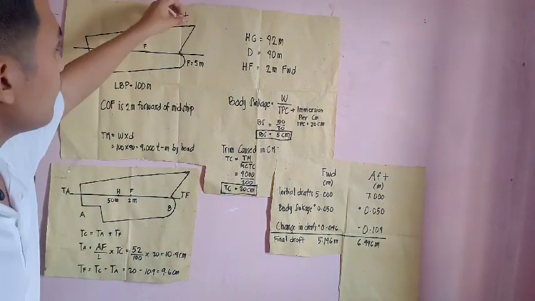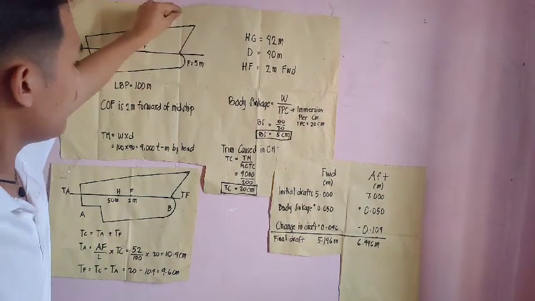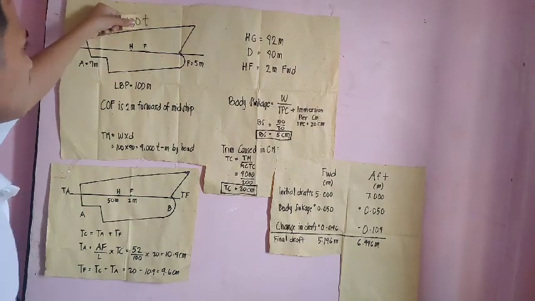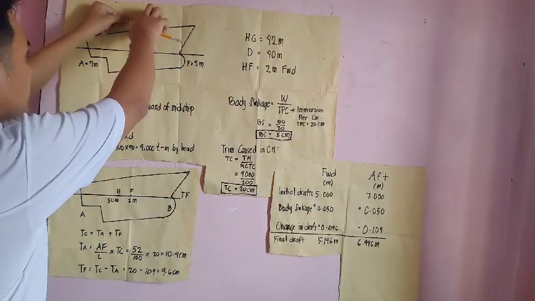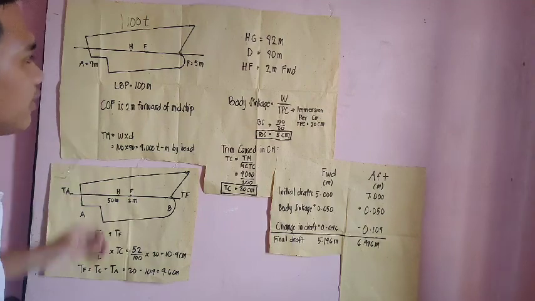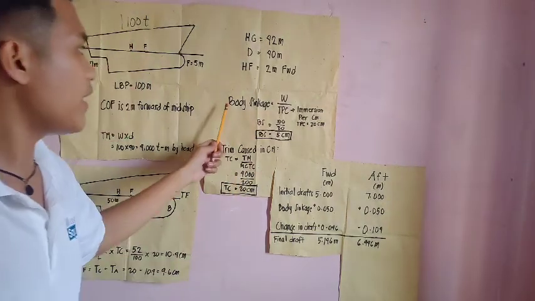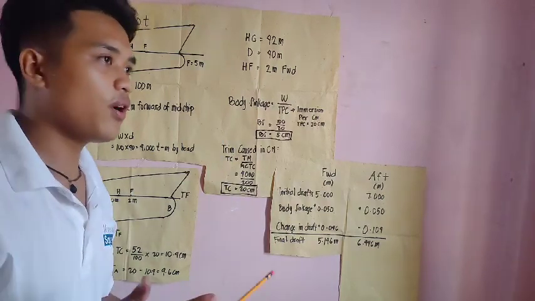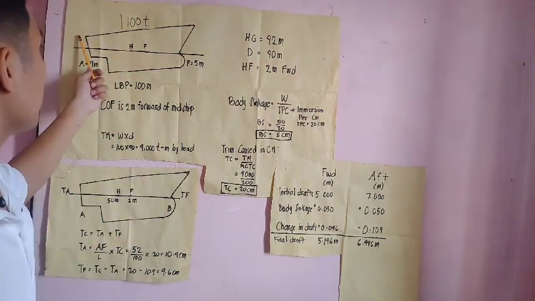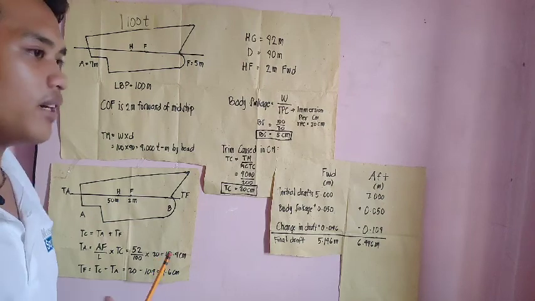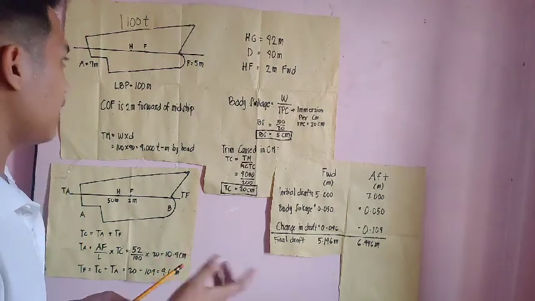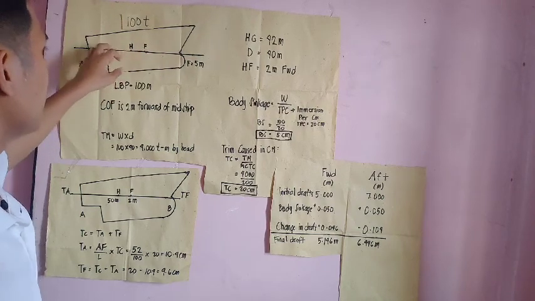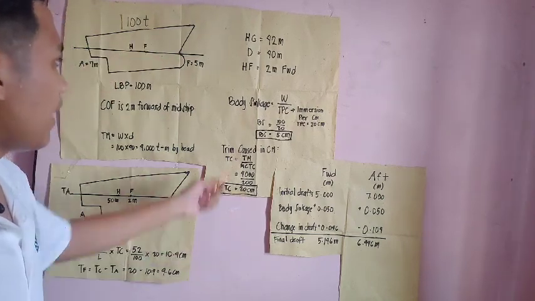So if we're going to put our 100 tons in the center part of the vessel, it will create what we call the bodily sinkage.